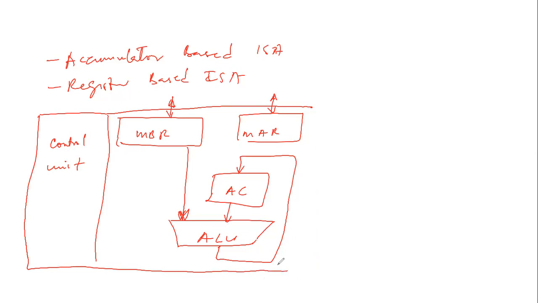All right, don't mind the irregular lines, okay? They just serve the purpose. So here, this leads to the data bus, while this leads to the address bus.